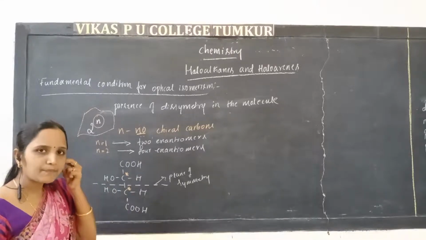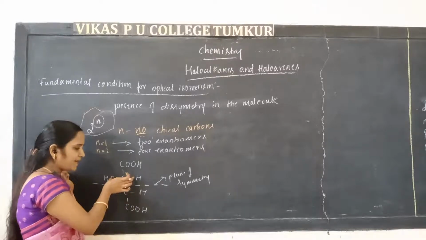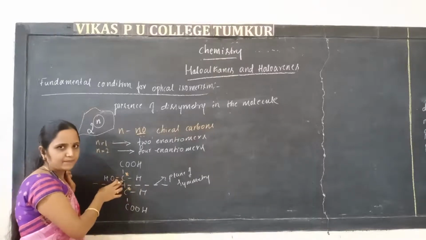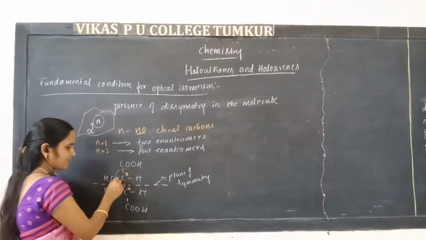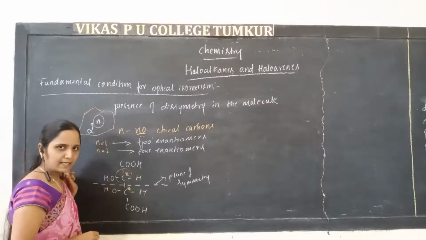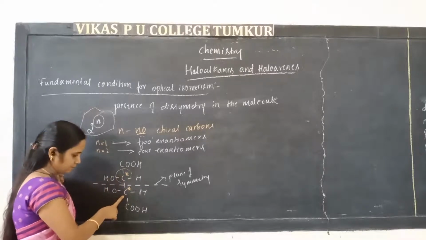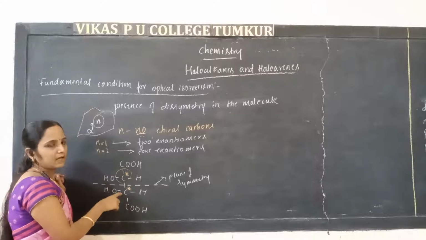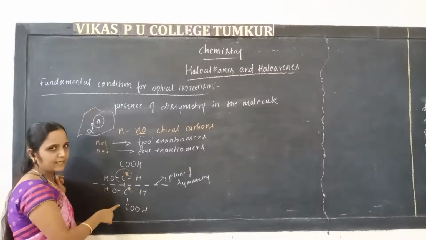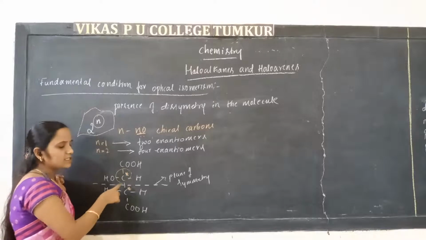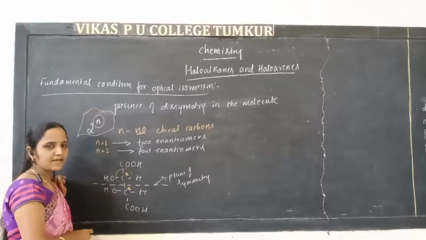This is because the optical rotation produced by the upper chiral carbon atom is cancelled by the optical rotation of the lower chiral carbon atom. Therefore, we call this internal compensation.